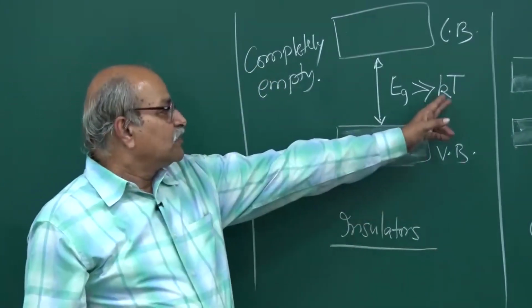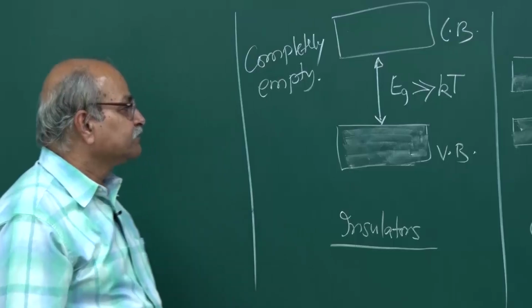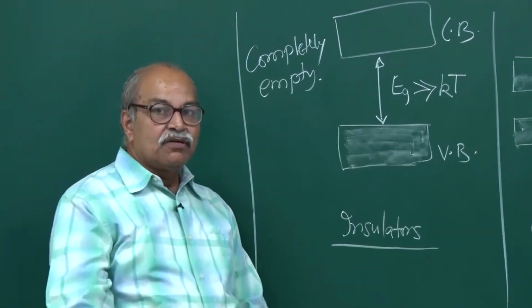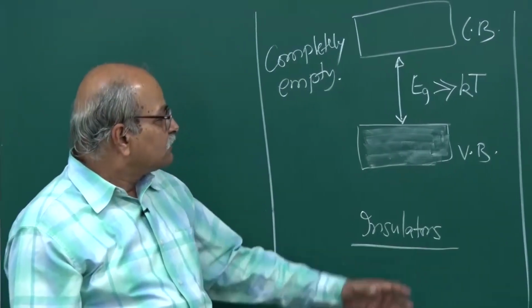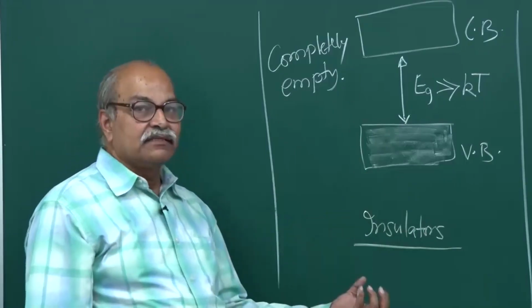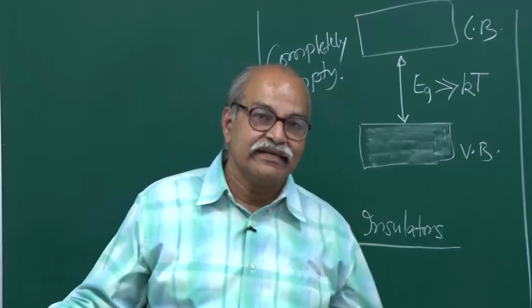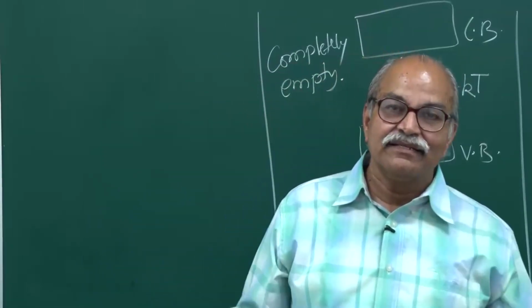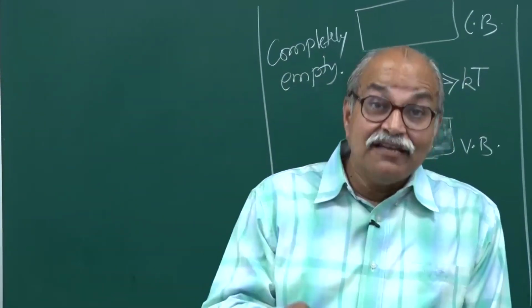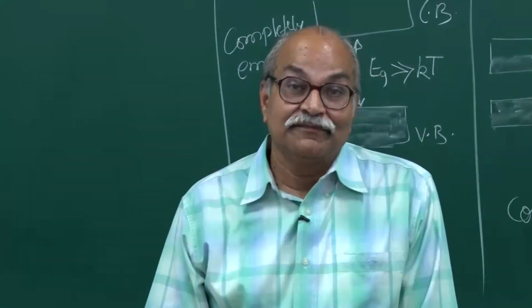Now let's talk about this kT business. As I told you, through thermal interactions, electrons in this lattice keep exchanging energies, and that energy exchange is on the average of the order of this kT.